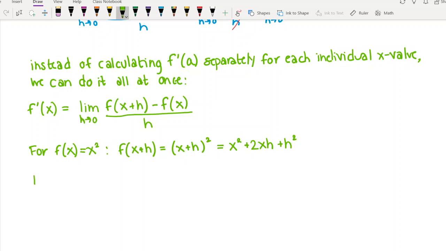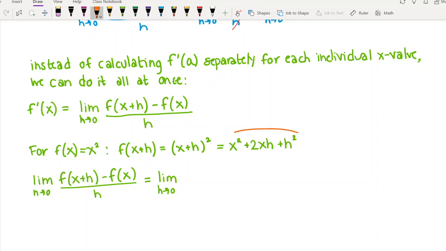Okay, so if we put that in, we have the limit as h approaches 0 of f of x plus h minus f of x over h is going to be equal to the limit as h approaches 0 of, so f of x plus h ended up to be this thing, so we're going to put that in here. So we get x squared plus 2xh plus h squared minus, and f of x is just x squared, right?